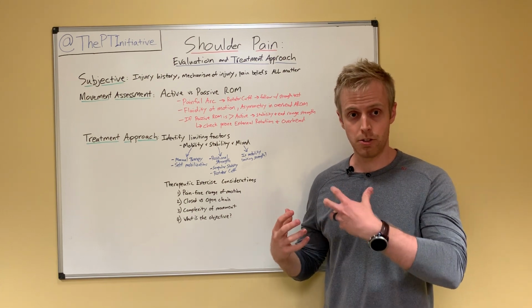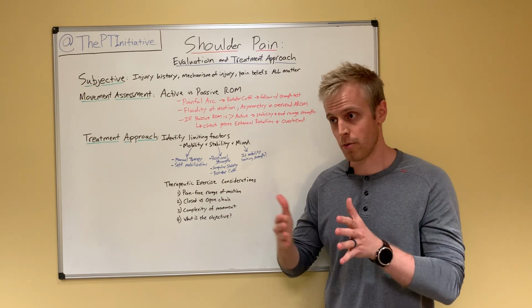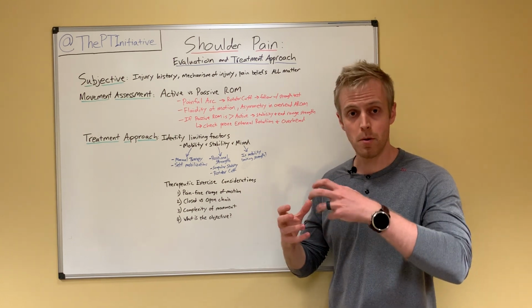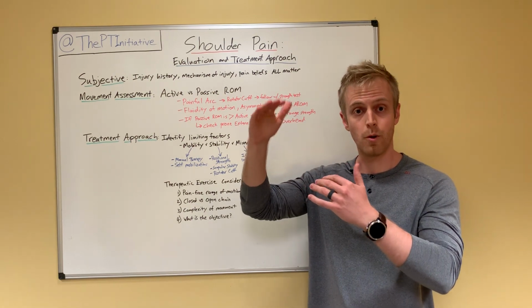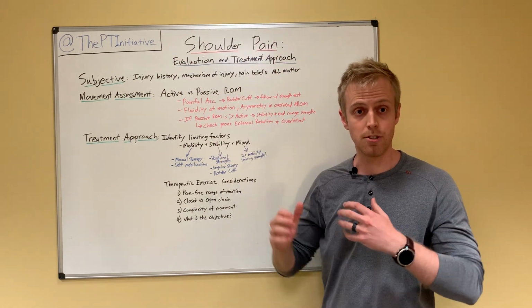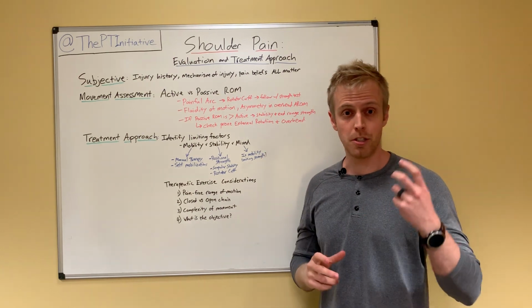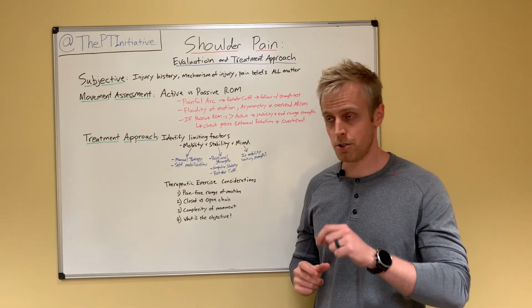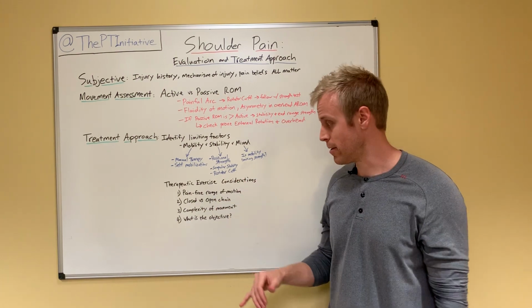Optimize those shoulder mechanics, strength, muscle engagement, those sorts of things in a pain-free range is where we're going to start. And then as that strength and mobility improves, we're going to gradually get up into those positions that they need to without pain. So forcing someone into a painful range of motion is typically not the best approach. So we're going to optimize our movement mechanics inside that pain-free range.